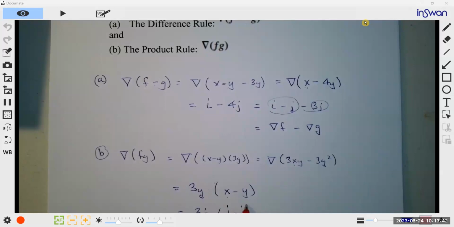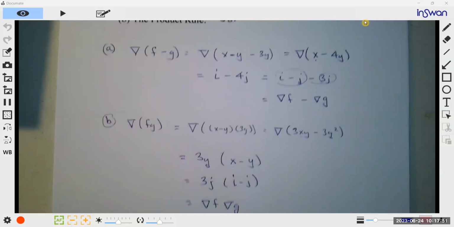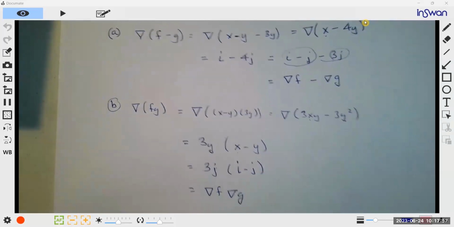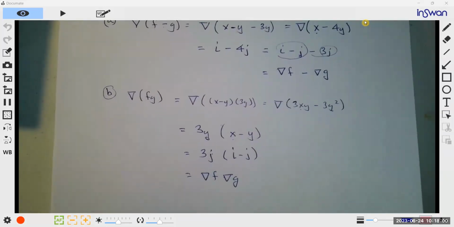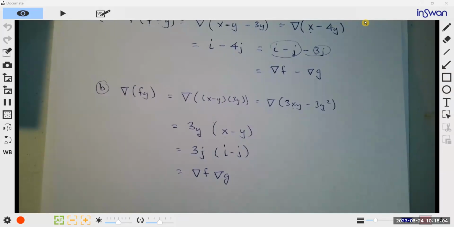I minus j, which is equal to the same thing as the product of those two. The proof is not really that necessary. It's just self-explanatory. It's just straightforward. Just add the coefficients or subtract the coefficients.